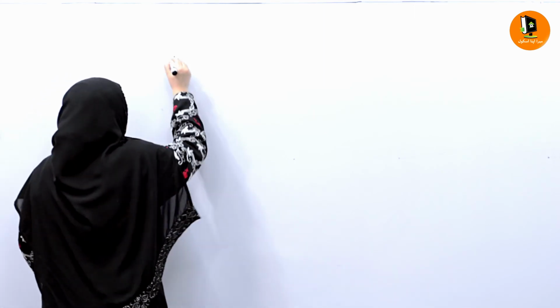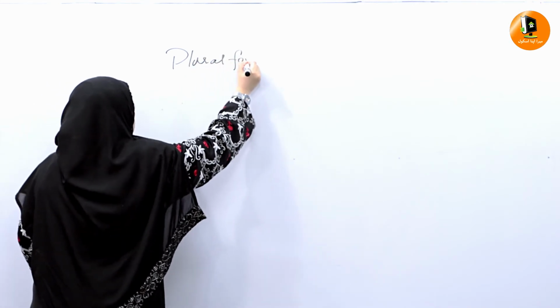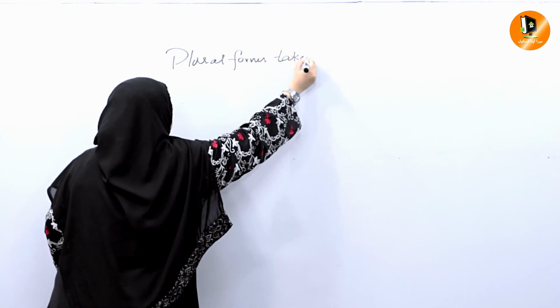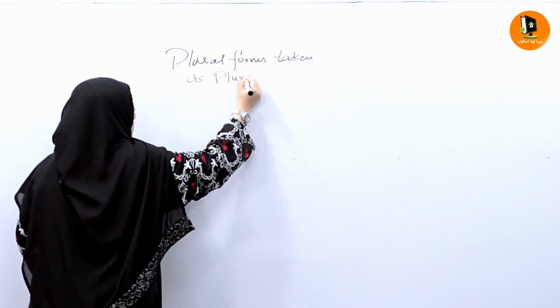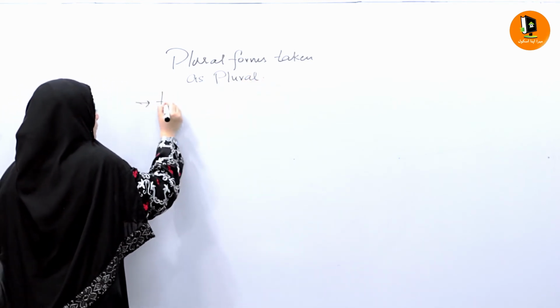Now, last case is there are some plural forms of nouns and they are taken as plural only in any case. Let's see how. Plural forms taken as plural. Example of trousers.